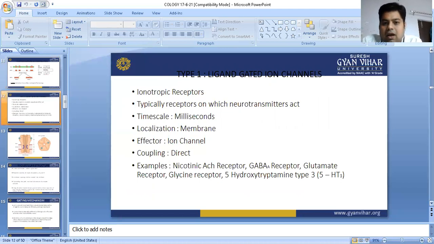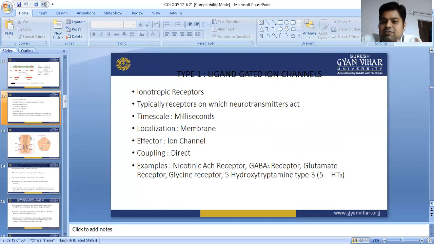Now, the ligand gated ion channel receptor. There are some very important things which we would like to explain in this PPT. First, these are called ionotropic receptors, typically receptors on which neurotransmitters act.